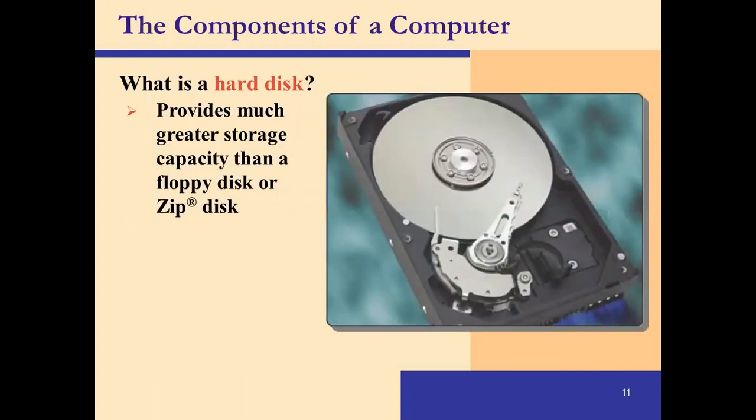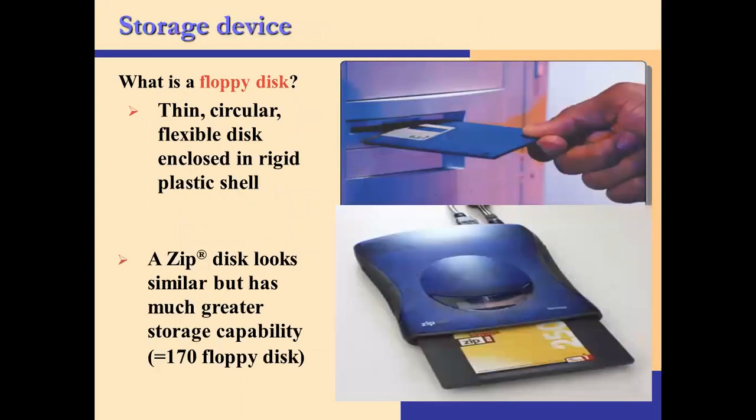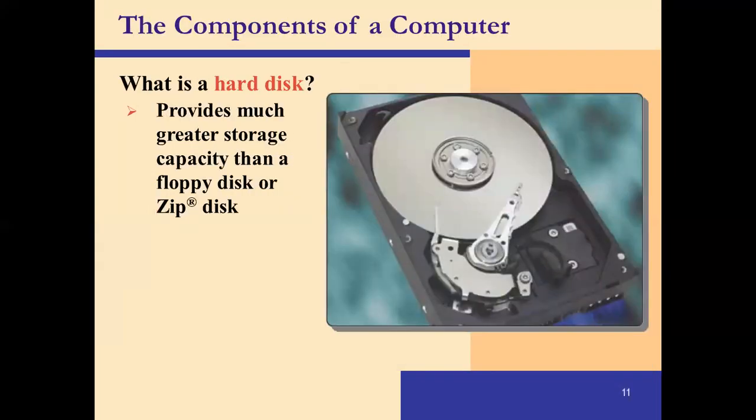Okay, good. Now comes the hard disk. Have you heard about the hard disk before? Why do we use a hard disk? Because it can store a lot of data.